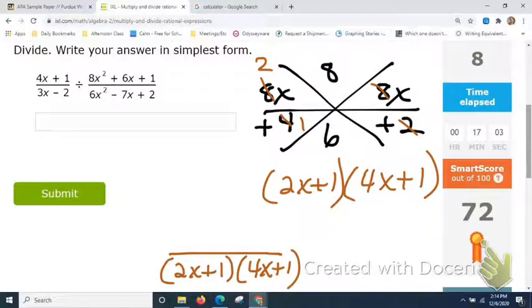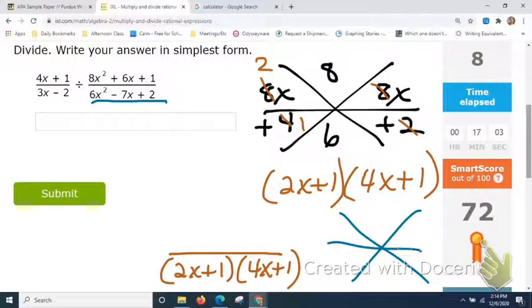And then I'm going to have to do something very similar for the denominator. So then for this, which is going to end up in the top, it's 12, 6x, 6x, negative 7, so they are both negative.